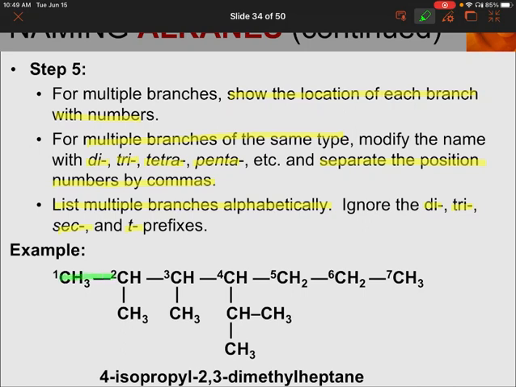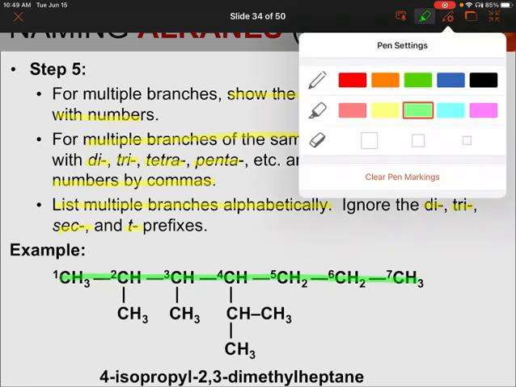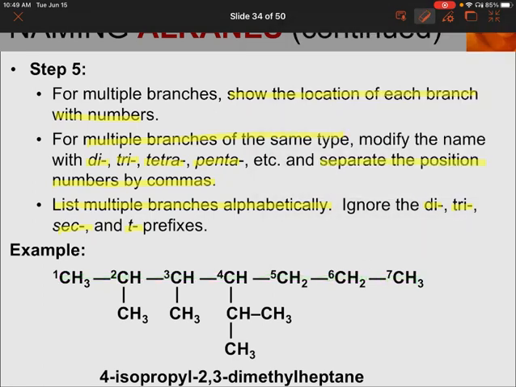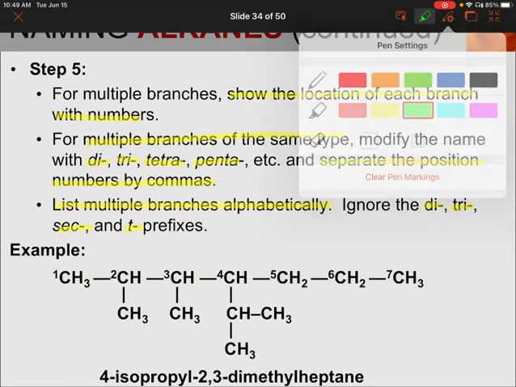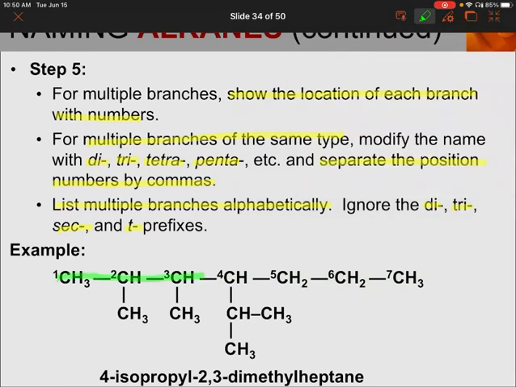So that would be 1, 2, 3, 4, 5, 6, 7. Because, for example, let's say that we went down this way. That would only be 6 carbons. So that's not the longest chain. So you always want to make sure you have the longest chain.